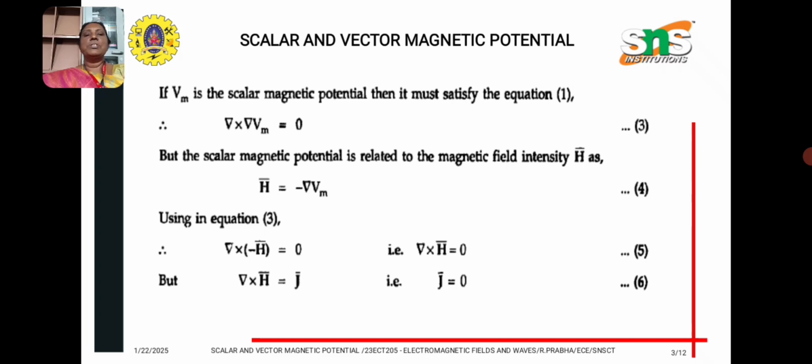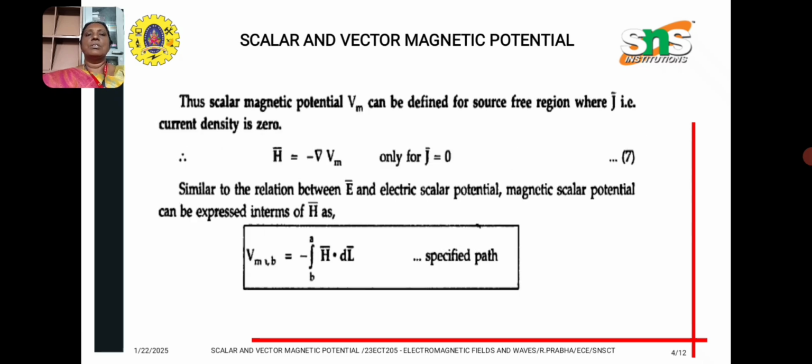We get del cross minus H is equal to 0, or we can write del cross H is equal to 0. But we know that according to Maxwell's equation, the curl of magnetic field equals current density, that is del cross H is equal to J. So according to equation number 5, since del cross H is equal to 0, this J is also 0.